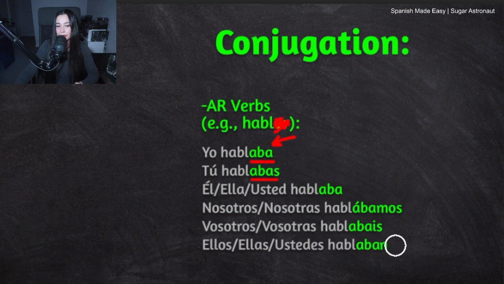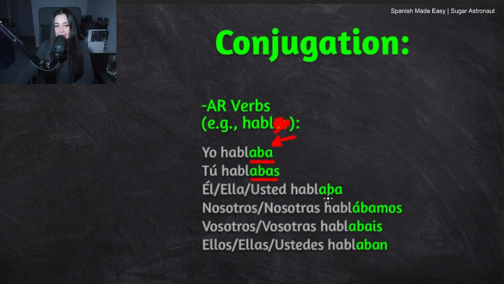The next one. Ellos, ellas, ustedes hablaban. Ellos hablaban, ellas hablaban, ustedes hablaban. Ellos is masculine and means they. Ellas means they but feminine, and ustedes is you, plural, used in Latin America, and that's it. Hablaban. Remember the conjugation.